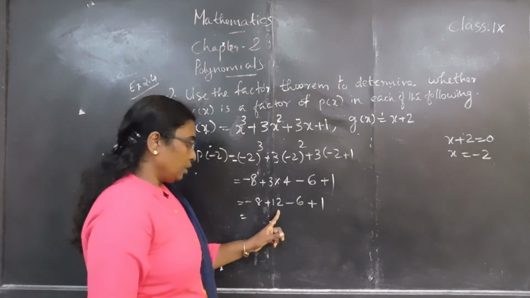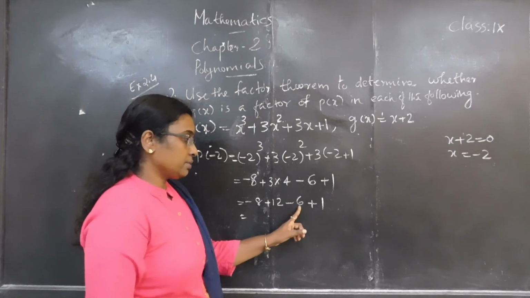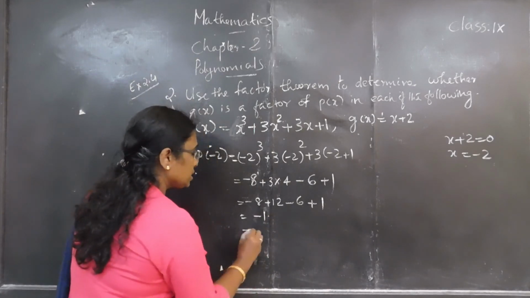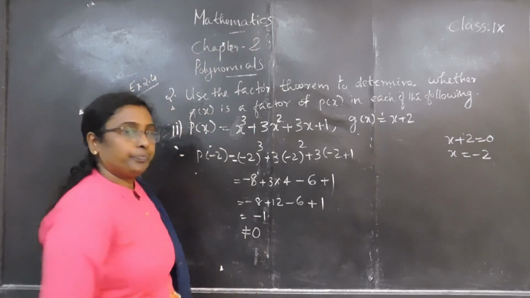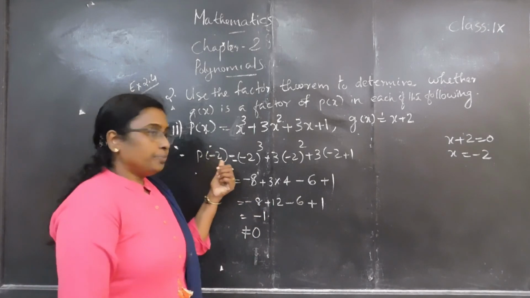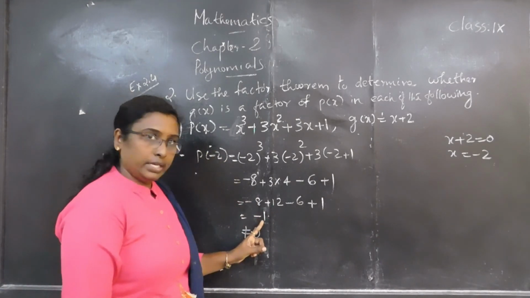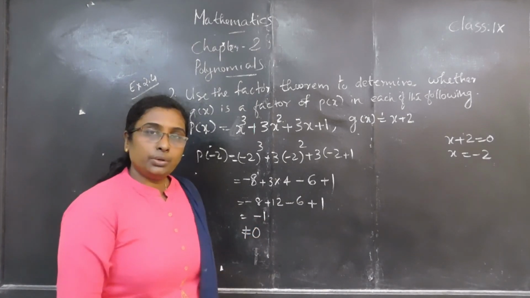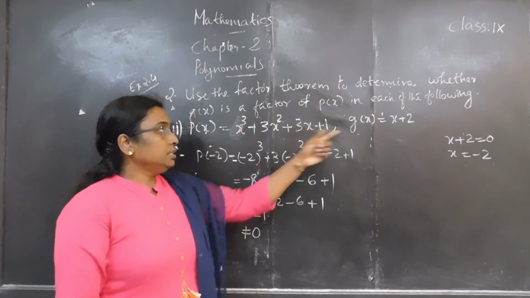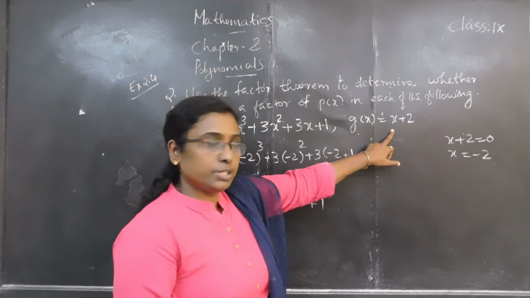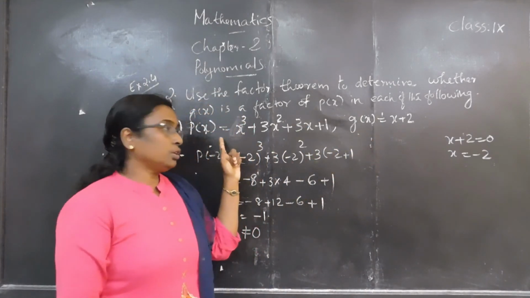Minus 8 plus 12 is 4, 4 minus 6 is minus 2, minus 2 plus 1 is minus 1, which is not equal to 0. P of minus 2 is the remainder, so p of minus 2 equals minus 1, which is not equal to 0. Therefore, g(x), which is x plus 2, is not a factor of p(x).